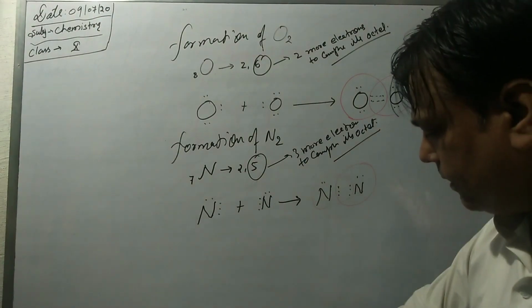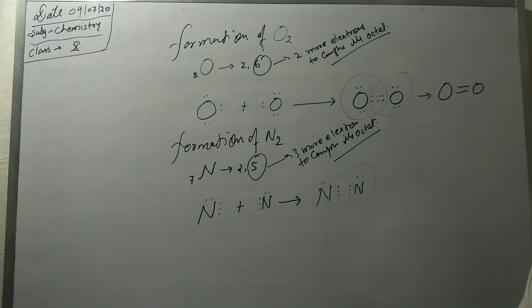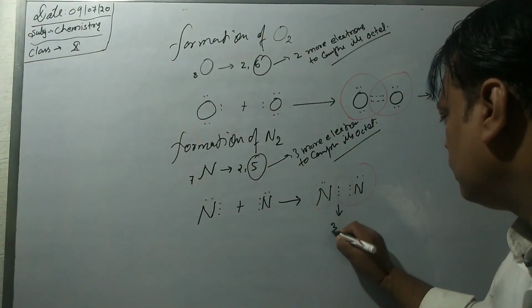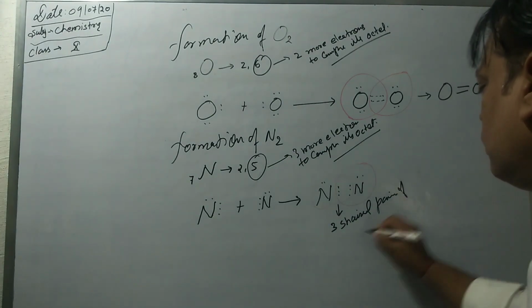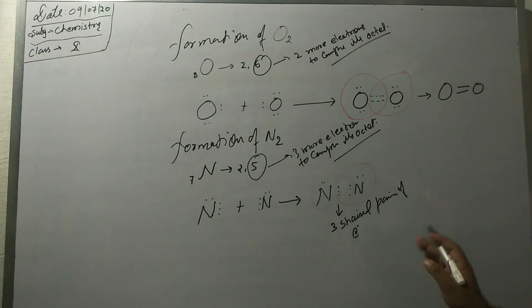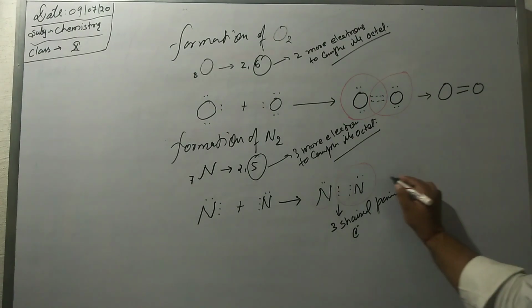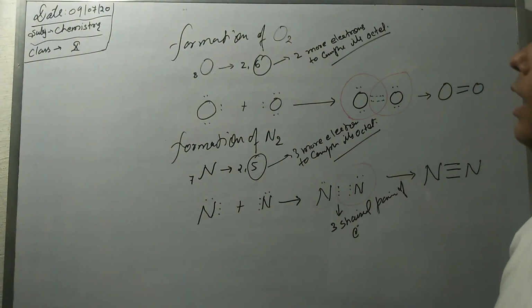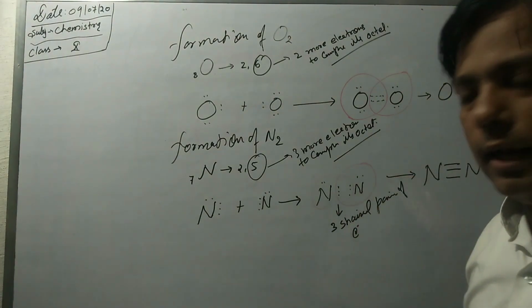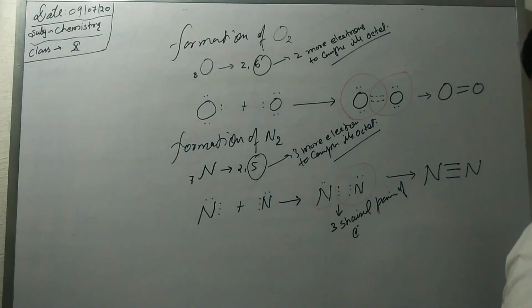Now, there are 3 shared pairs of electrons. We can also write it as nitrogen triple bond nitrogen. Here the triple bond indicates that there are 3 shared pairs of electrons. A double bond indicates 2 shared pairs of electrons, and a single line indicates a single shared pair of electrons.